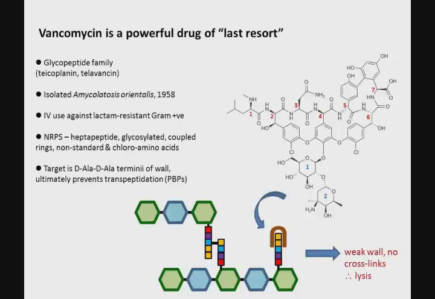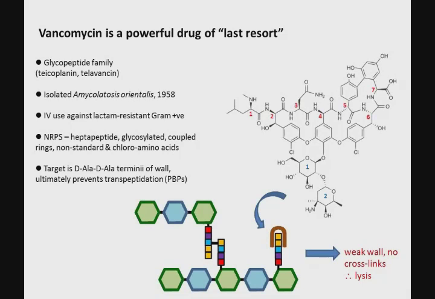So the first thing we're going to look at is vancomycin, our drug of last resort. It's the best characterized member of the glycopeptide family. And I've put two other members there, but they're much less well characterized than vancomycin. Some of these work in slightly different ways, but we'll concentrate on this.